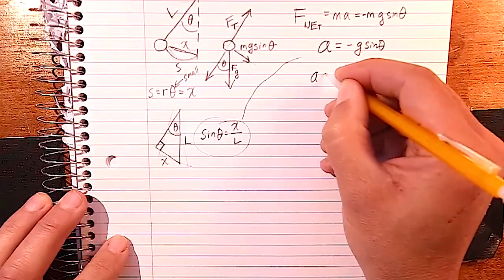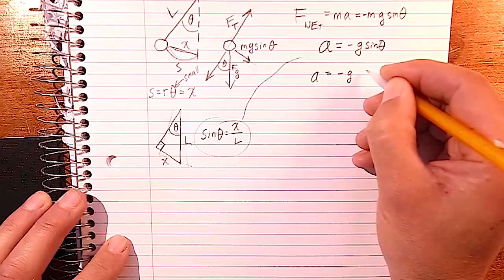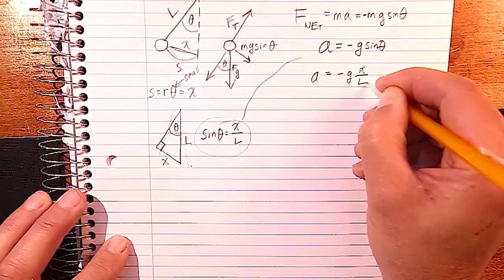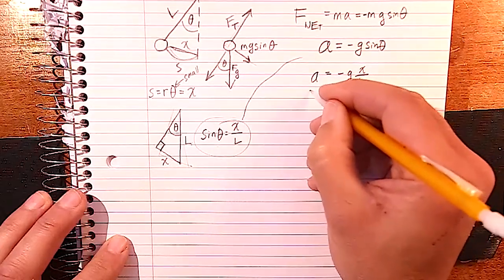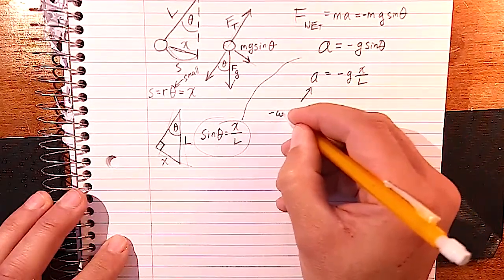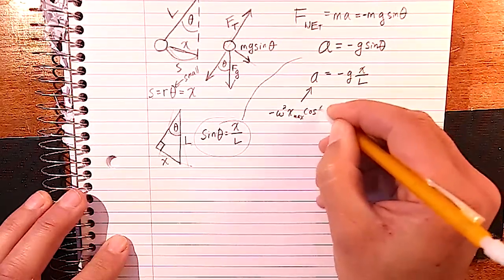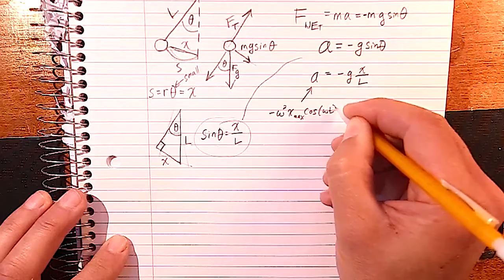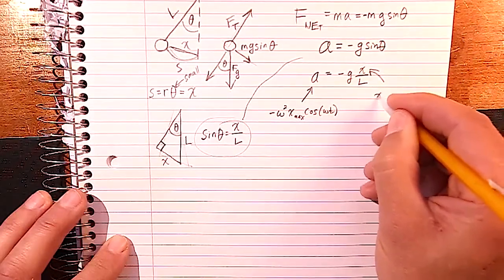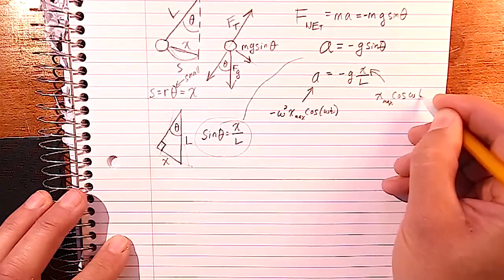So that gives us a is equal to minus g, and then we have our sine theta subbed in for x over L, and we know that acceleration is negative omega squared x max cosine omega t. And we also know that this x right here is equal to x max cos omega t.